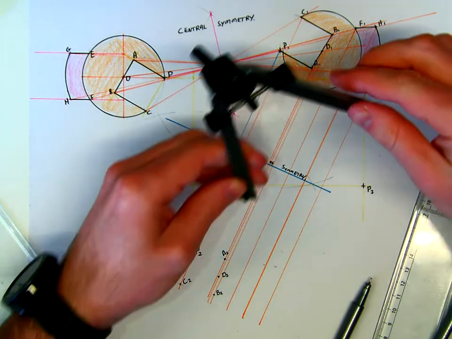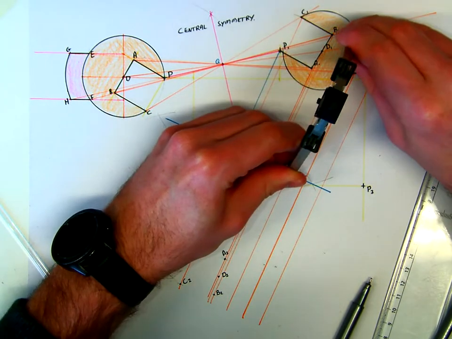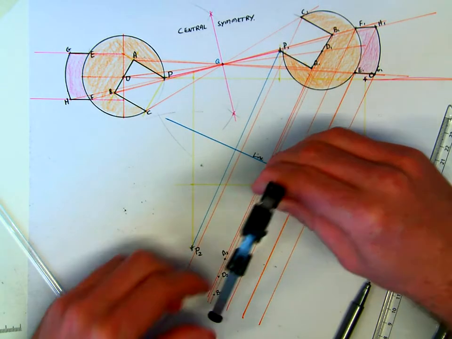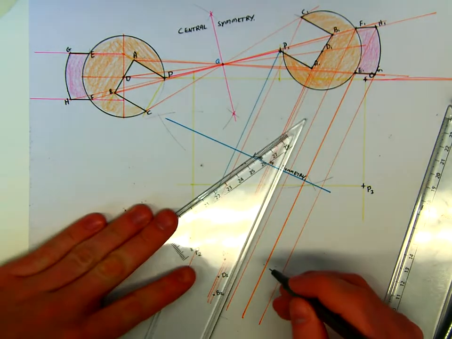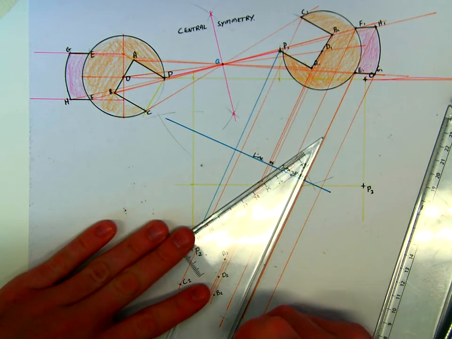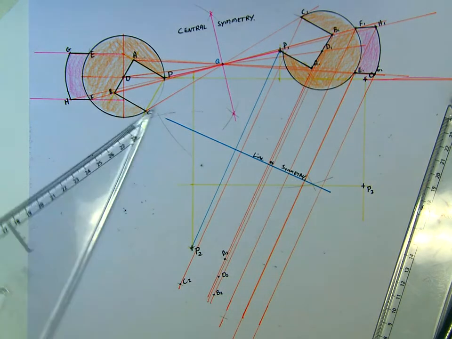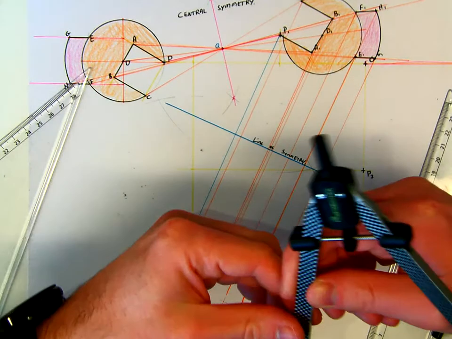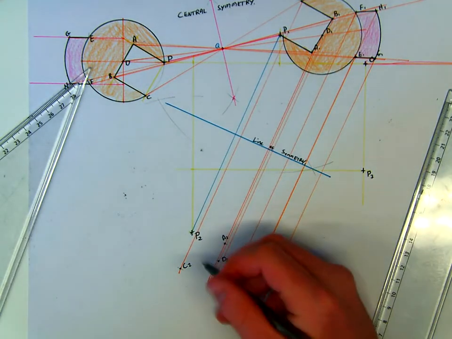Next one over is F. So stretch it out to F1, bring it over, and I've fallen just a little bit short here, as we can see. So I just need to extend these last couple to make sure that I know where I'm going. So I'll bring these down. Okay. So I have F2 there.